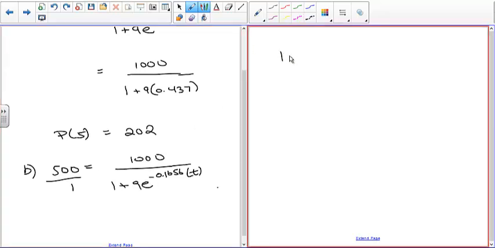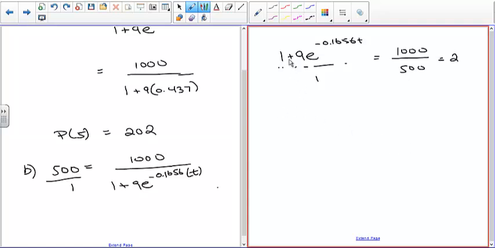I'll get 1 plus 9e to the negative 0.1656t is equal to 1,000 divided by 500. This one's divided by 1, but I don't need to put that there. So that's going to be equal to 2,000 divided by 500.